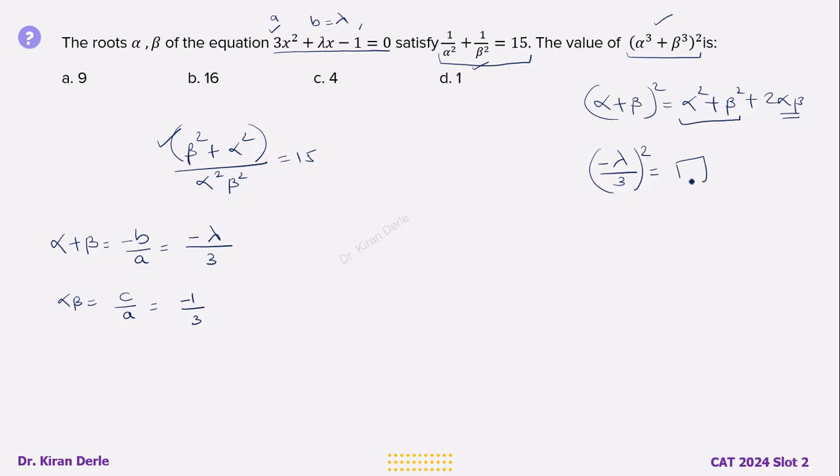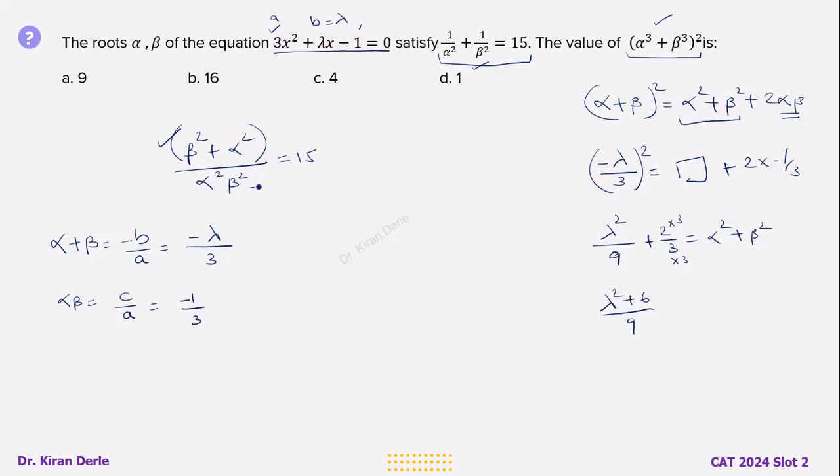So we want this box. 2 into the product of roots, so 2 into −1/3, so this will be λ²/9, and this will be −2/3, so it will be plus 2/3 here, equal to α² + β². So I'll make it 9 into 3, so this is (λ² + 6)/9. So the value of the numerator is this.